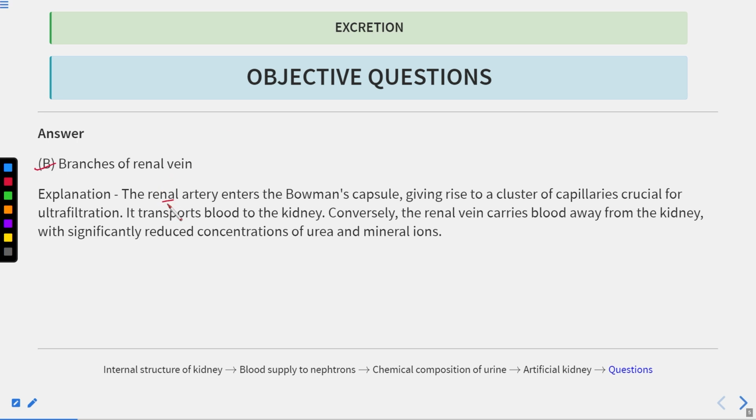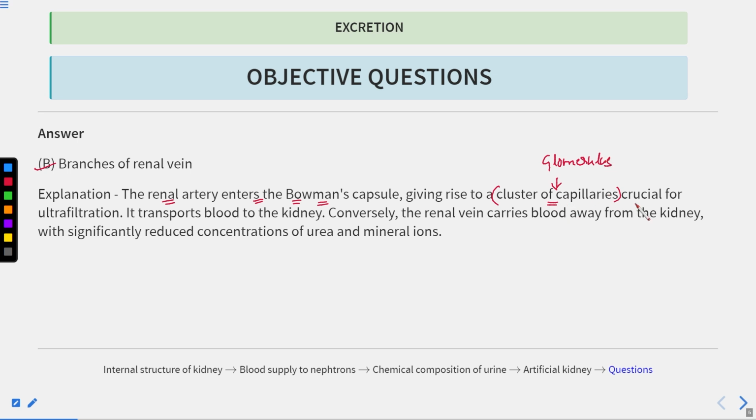The renal artery branches into the renal arteriole, and one branch of the renal arteriole forms the afferent arteriole, which enters the Bowman's capsule. It gives rise to a cluster of capillaries known as the glomerulus.